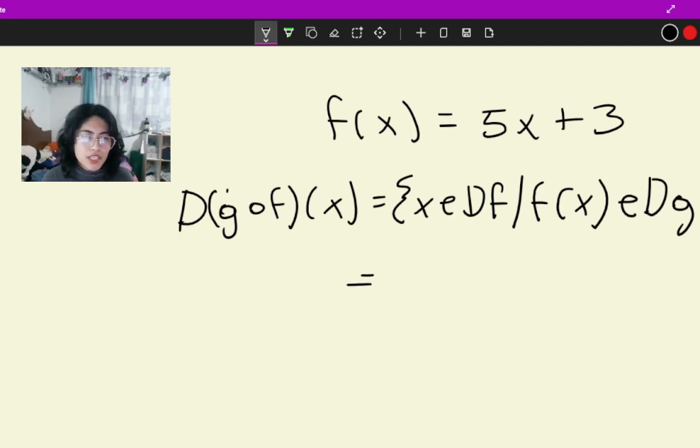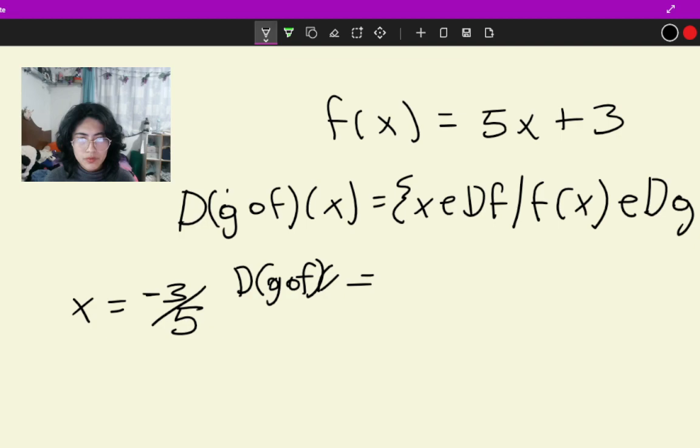And for this case the value of x is minus 3/5, and we substitute it in the formula.